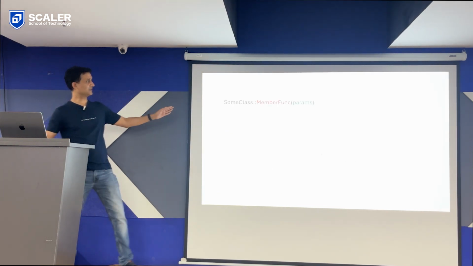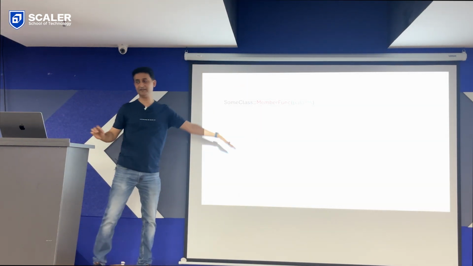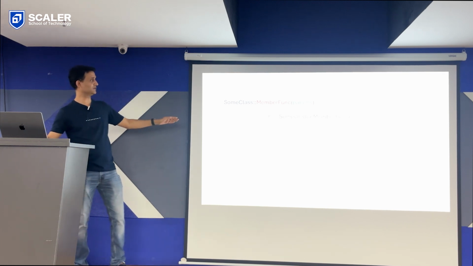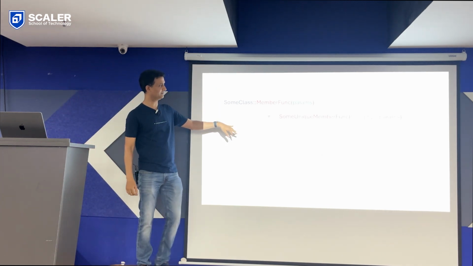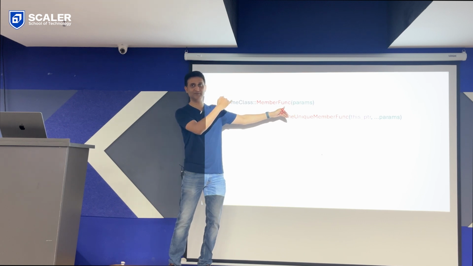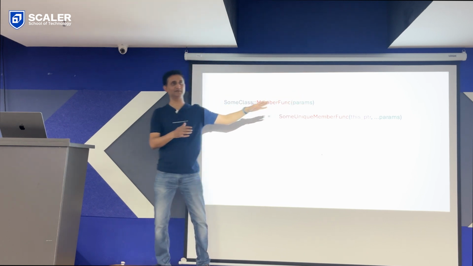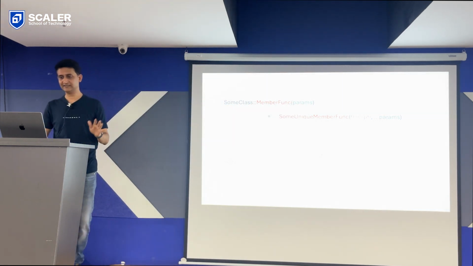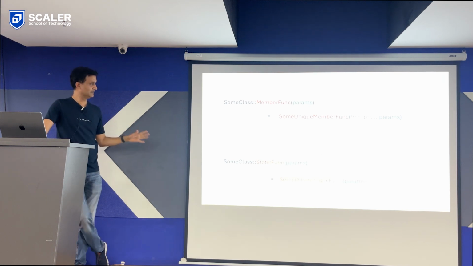This is just a parameter to a flat function. So whenever you come across something like a class member function with parentheses, this essentially translates into some random name of the function, this pointer to that object, and then the rest of the parameters. This is a simple concept.